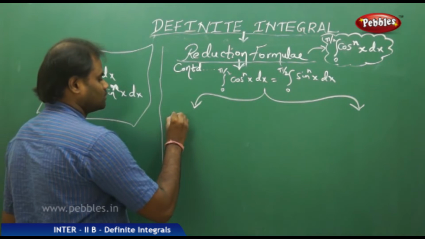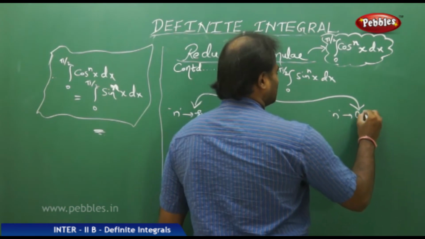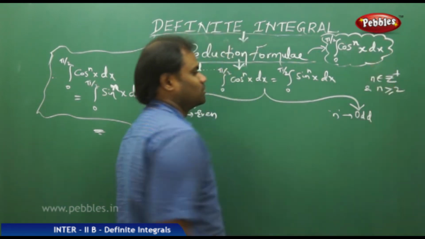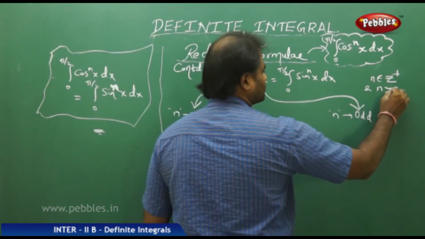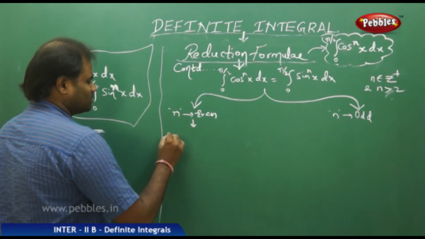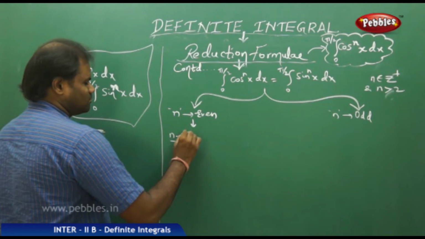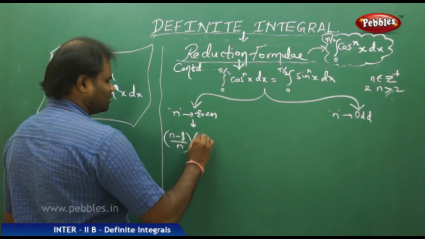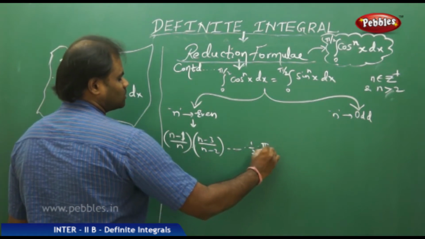That is, if n is even and if n is odd, where n belongs to Z plus and n is greater than or equal to 2, then for n even, the formula is n minus 1 by n, and n minus 3 by n minus 2, and so on till 1 by 2 times pi by 2.